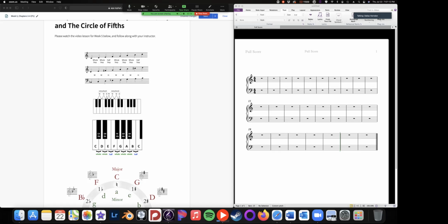But the other main thing it's trying to illustrate, if we look at the whole-half step pattern between each tetrachord, is that the first tetrachord has the pattern of whole, whole, half.